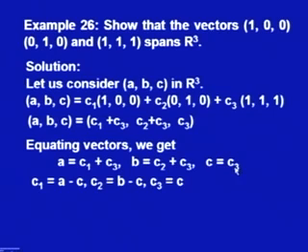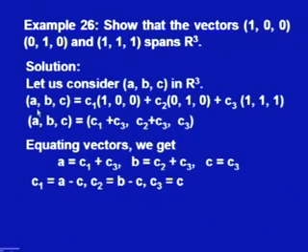This c3 can easily be seen to be c, and once you get the value of c3 as c, c2 can be calculated as b minus c, and from the equation, if you put the value of c3 as c, then c1 comes out to be a minus c.